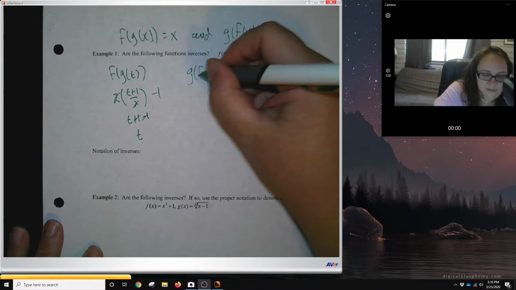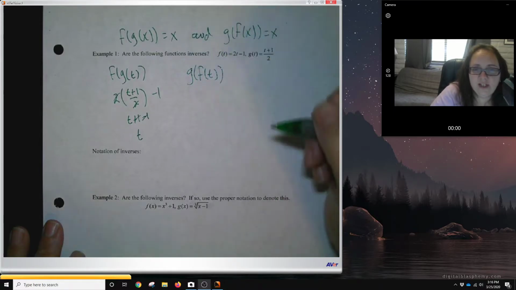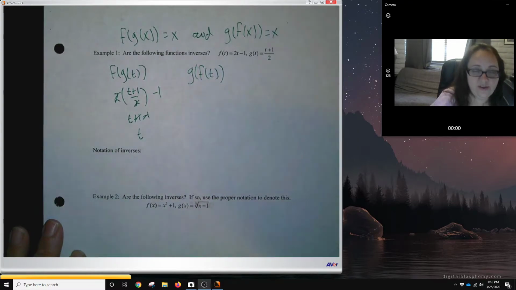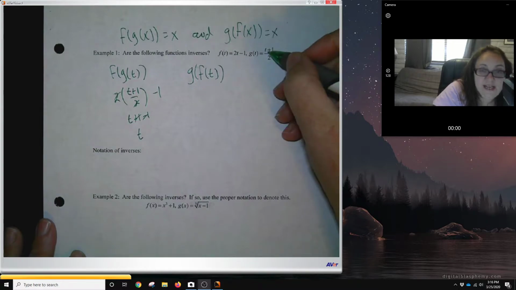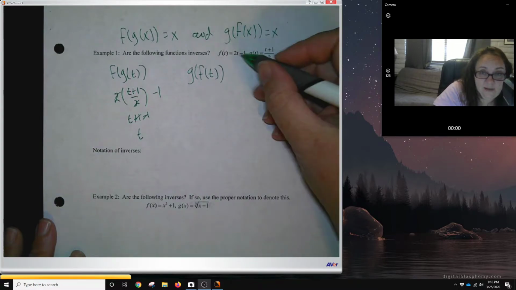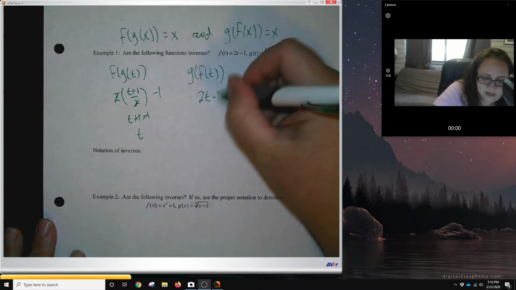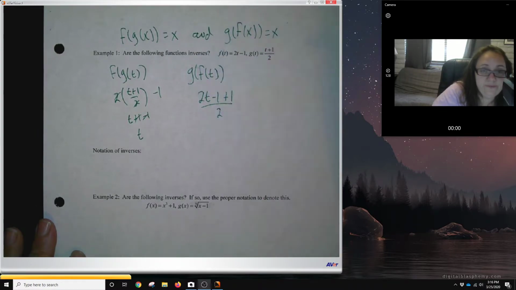The rule for functions is that if g is an inverse of f, then f is also an inverse of g, but let's check both just to be safe. So I'm going to take this t, and instead of this t, I'm going to put all of f. So 2t minus 1, plus 1, over 2.